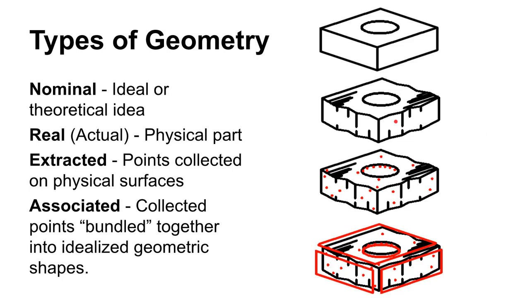Well, real geometry, or actual geometry, is nothing at all like this, okay? It might look very nice, it might be very well manufactured, it might have a near mirror finish on it, but in fact it's imperfect, all right? It's just the fact. It is not a perfect part. It might be well in tolerance, it might be very, very much in tolerance, but it's not perfect, okay?